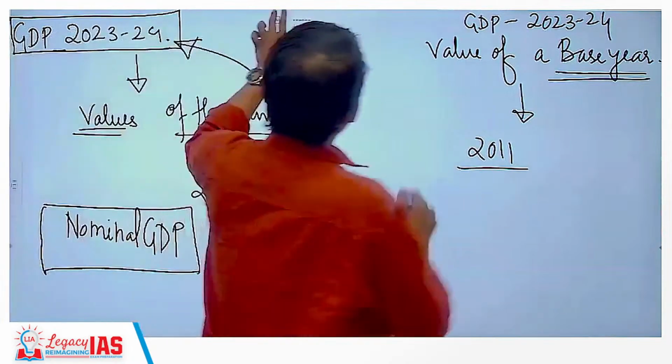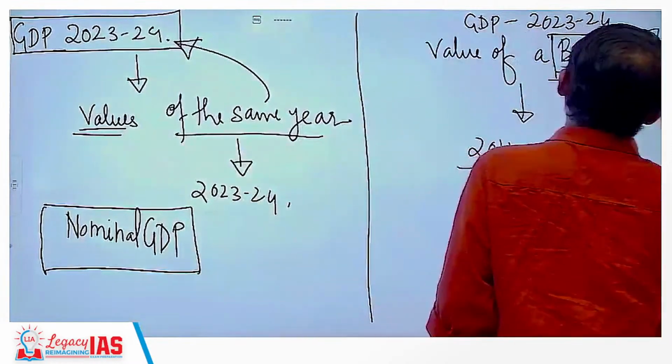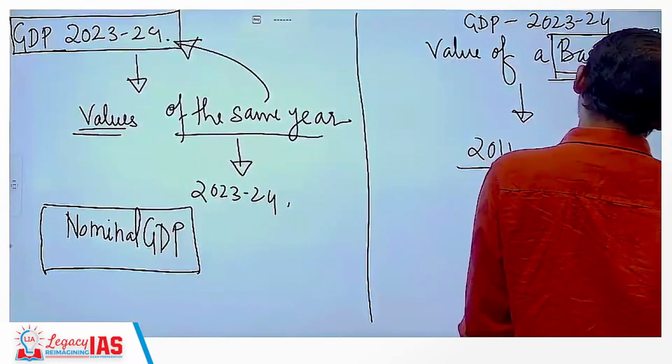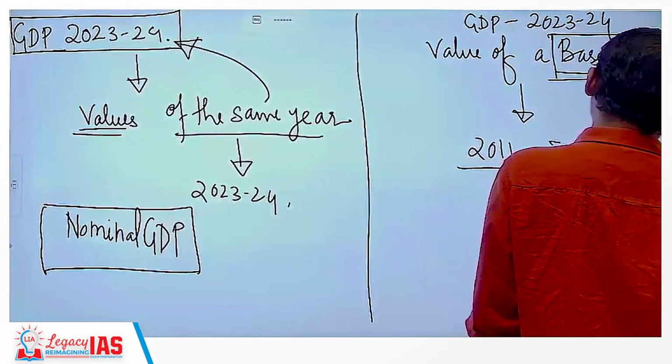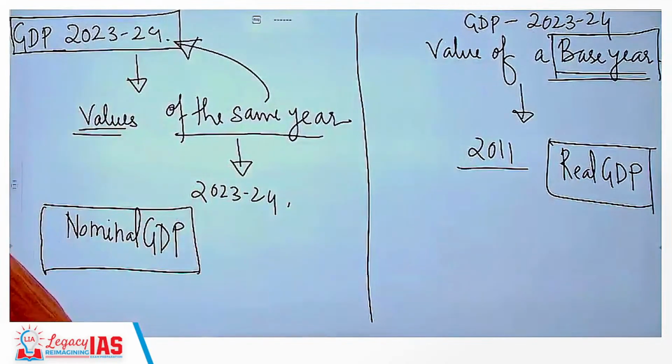When you are calculating GDP by taking the value at the base year, then that is known as real GDP. Clear? Why are we doing this?